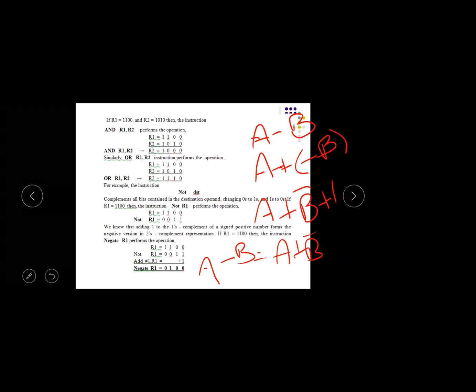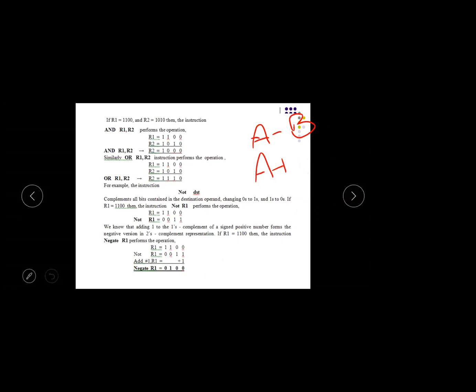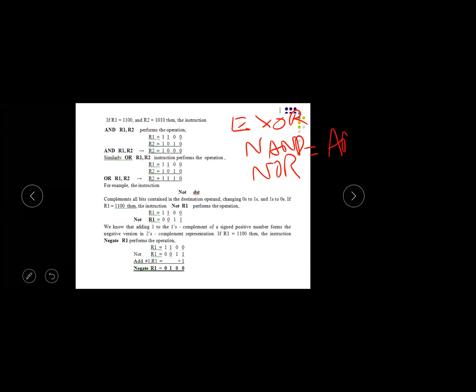Similarly, these are the primary or basic logic operations. In addition to this, there are XOR, NAND, NOR operations, which are other logic operations. NAND is the AND gate plus NOT gate, or AND bar. NOR is the OR gate whole bar, that is the complement of the OR gate.